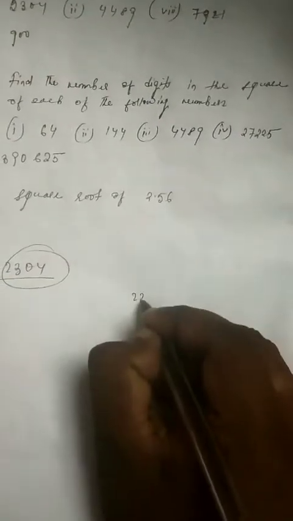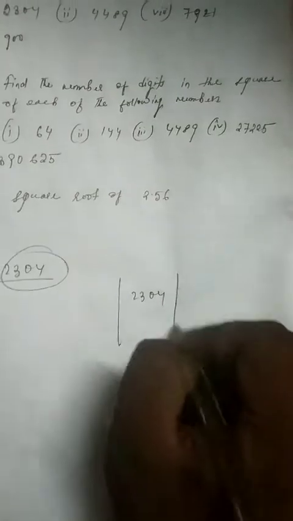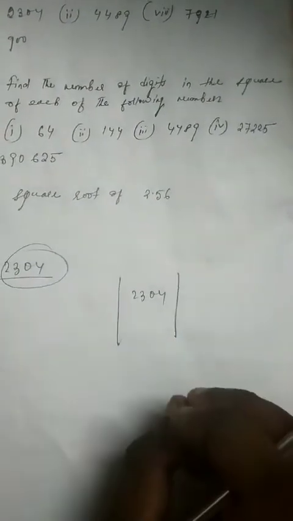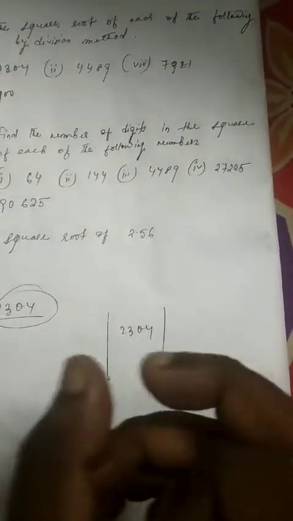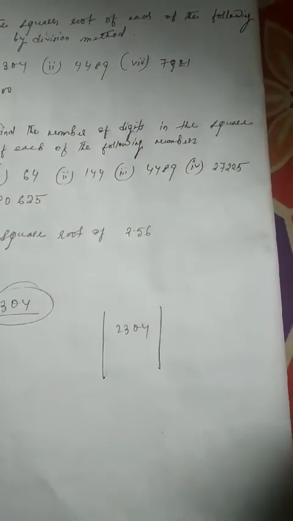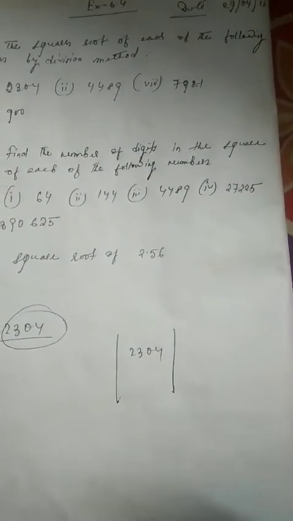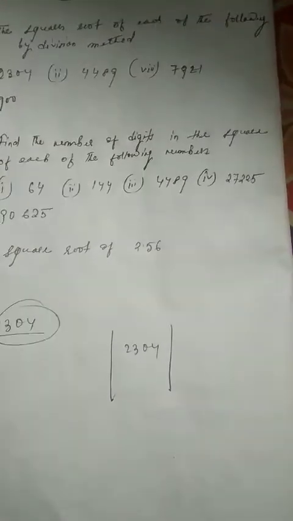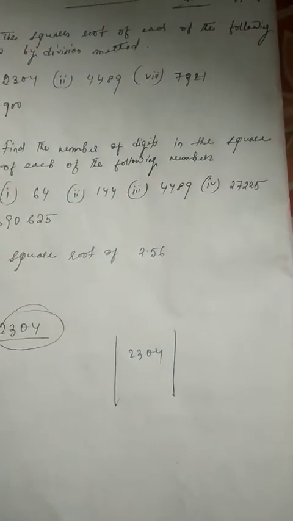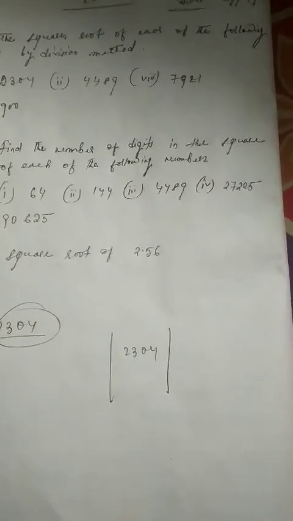So I'll write 2304, and the first thing is to make pairs. Writing from the right hand side towards the left hand side, using two numbers I have to make a pair.